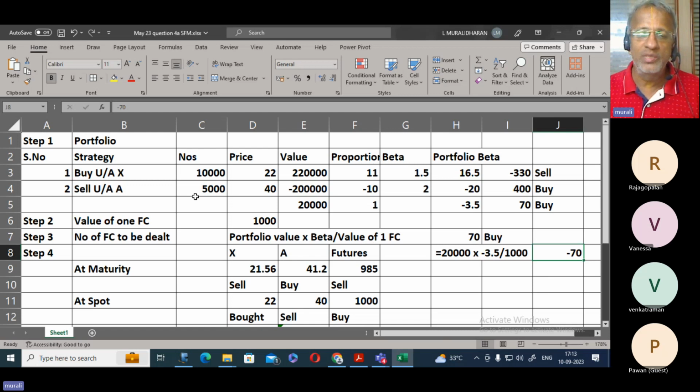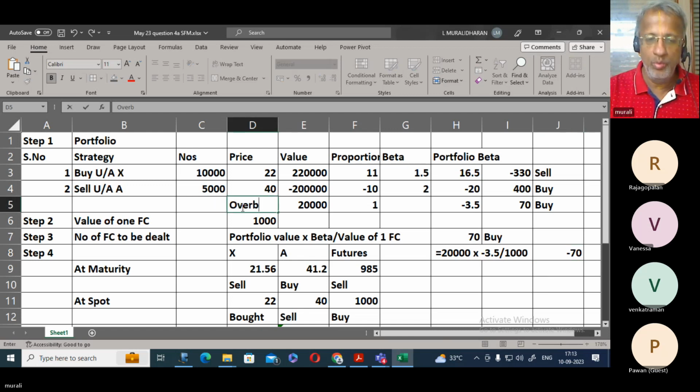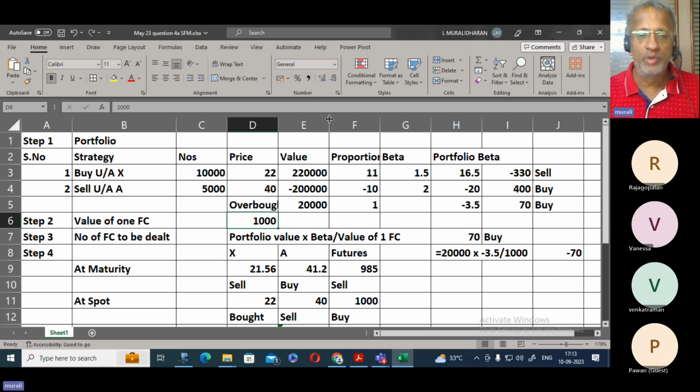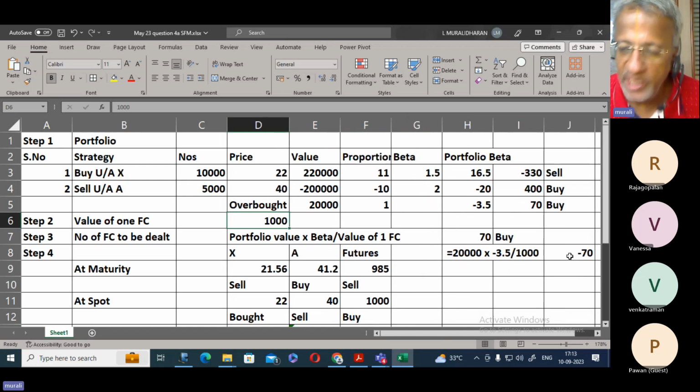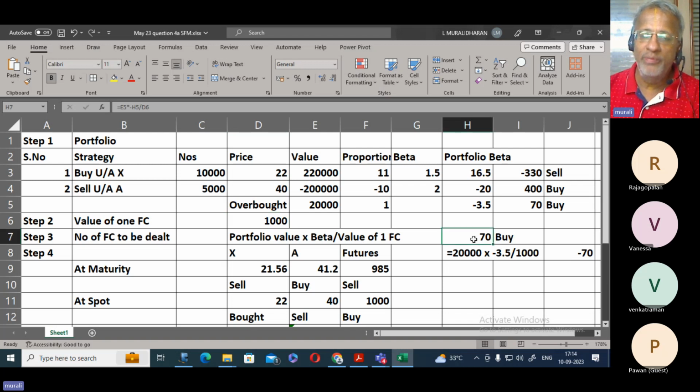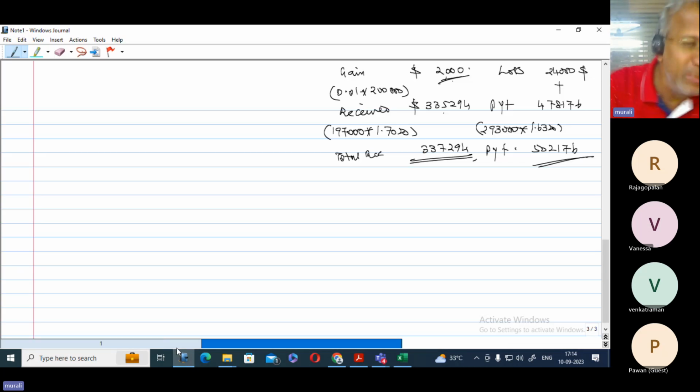Normally this is overbought, and for an overbought position the complete hedge is going to be sell. If this value were positive, then we would have taken it up as sell. But it turned out to be negative of negative, so naturally it should be taken up as buy. Let me repeat. This is a place where you have to be a little more careful. That is a place where I went wrong in my judgment.